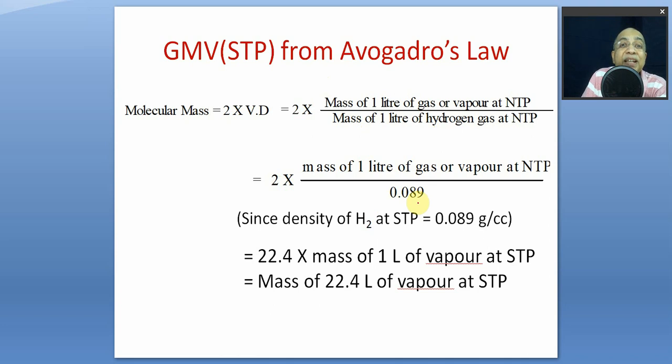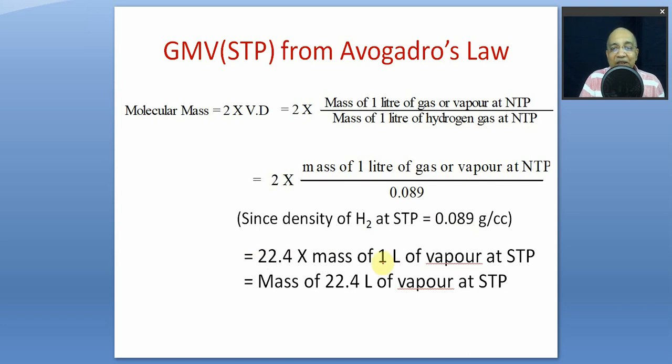The experimental determination of the density of hydrogen is 0.000089 per cc. So per liter it is 0.089 gram per liter. The numerator is written as such, but the denominator becomes 0.089 gram per liter, because that is the mass of 1 liter of hydrogen at STP. Then if you divide 2 by 0.089, it comes to 22.4. It's not exactly 22.4; we have rounded off. All these approximations will lead you to different results.